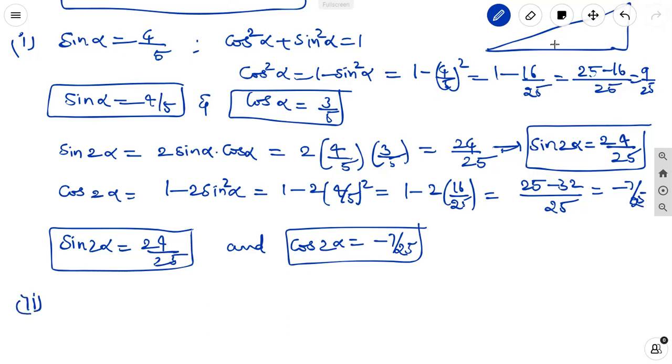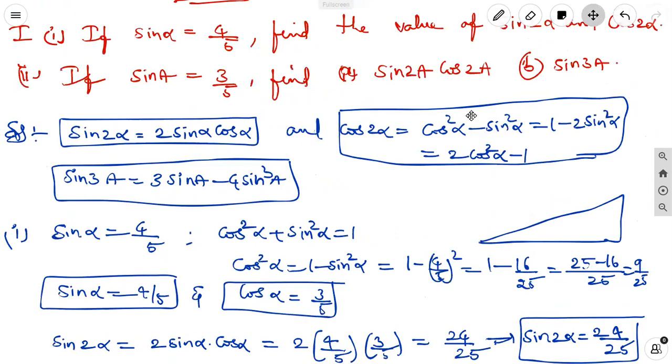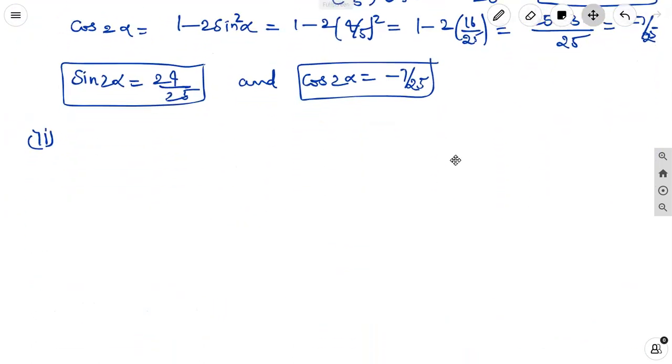The second problem is sin A equal to 3 by 5. We can find out cos 2A, sin 2A, sin 3A. Sin A equal to 3 by 5. Again using the identity cos square A plus sin square A equal to 1.